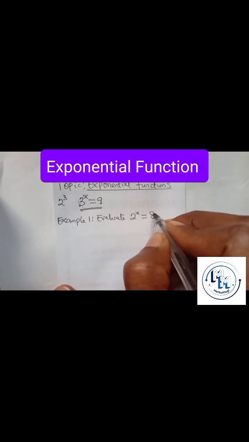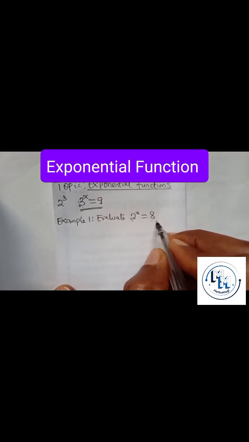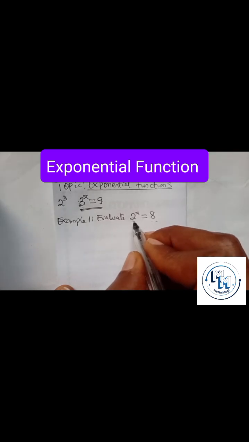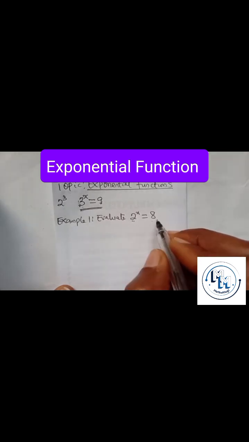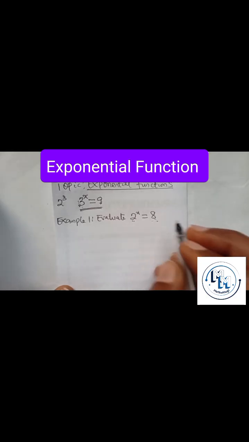As simple as that, the best thing to do is to express this side and this side to have the same base. Already 2 is a base here. So that means we expect another 2 here as a base raised to a particular power that will give us 8.